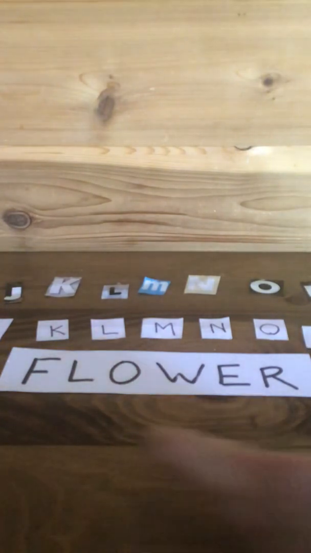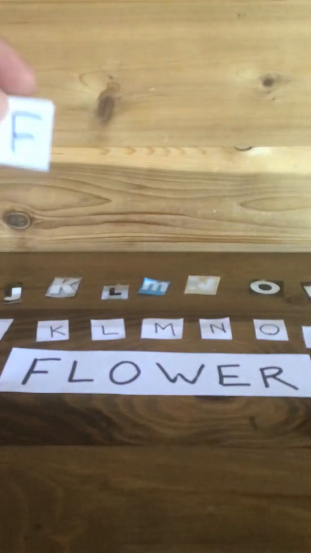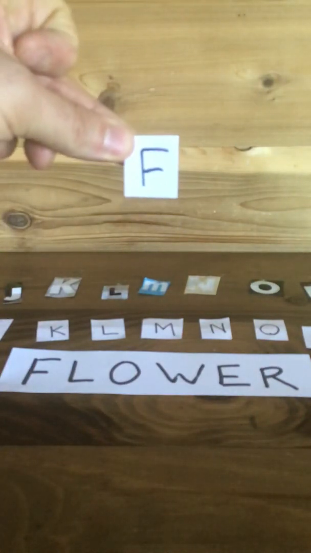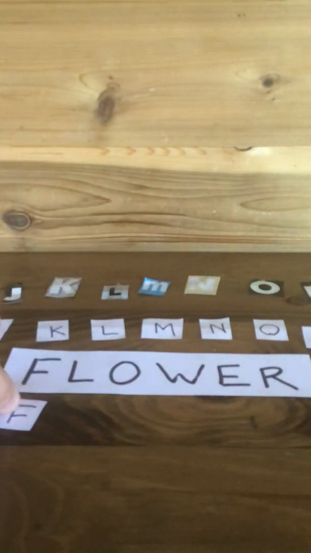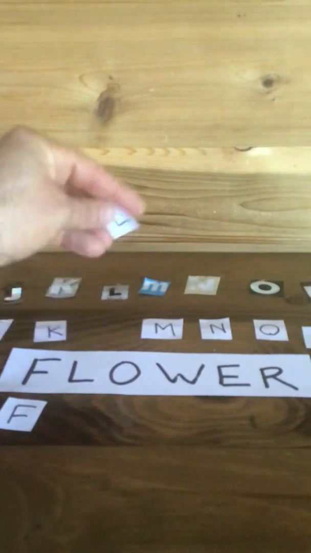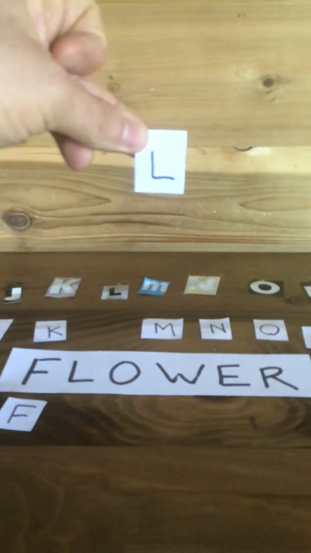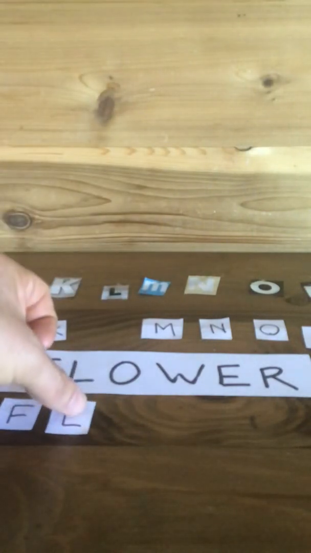Our first letter we need is the letter F. So find your letter F. Here's what the F looks like. Put that down in front of you. Now we're looking for the letter L, which is right in front of us here. L, good.